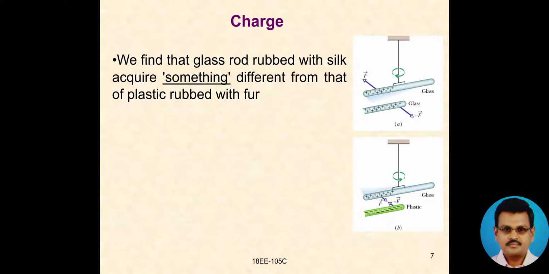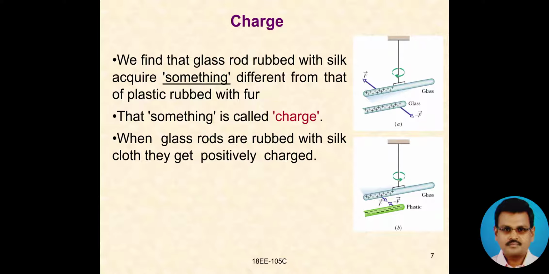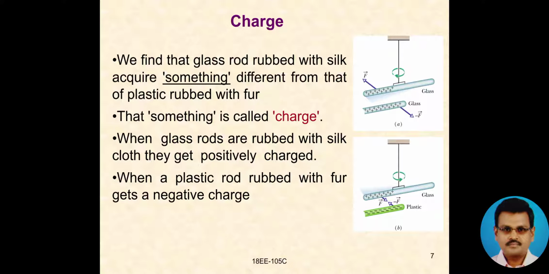Now we will see what is happening there. We find that glass rod rubbed with silk acquires something different from that of plastic rubbed with fur. So they are attracted to each other. That something is called charge. When glass rods are rubbed with silk cloth, they get positively charged.